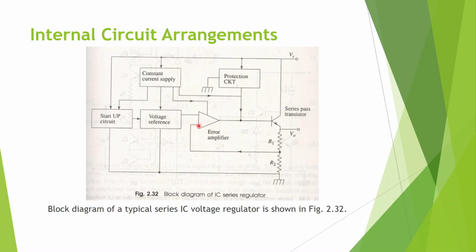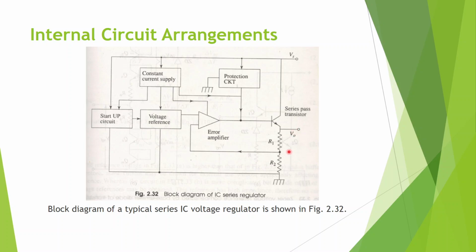So this feedback is compared with the reference voltage, and depending on the difference between the reference voltage and the feedback, the error amplifier generates an output, and this output is given to the series pass transistor. So depending on this output, this transistor would either increase or decrease the output voltage.